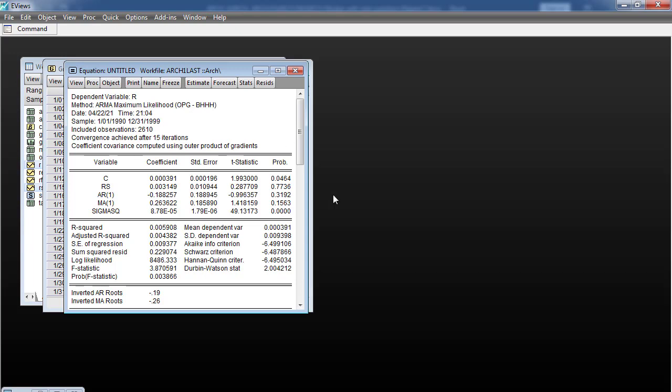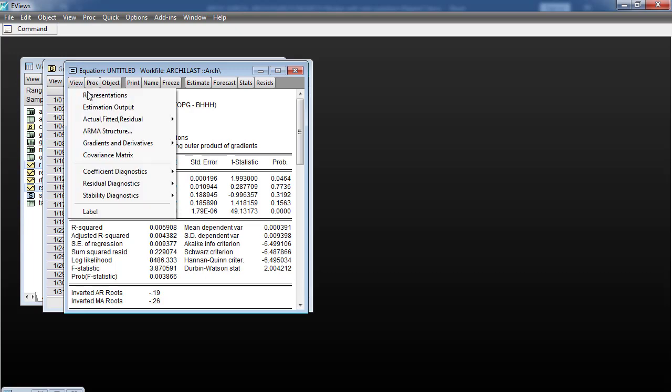We are not interested in the outcome of this model, we just want to draw the graph for the residual to see whether there is any volatility clustering in the model or not. I'll go to view, actual fitted residual, and residual graph.